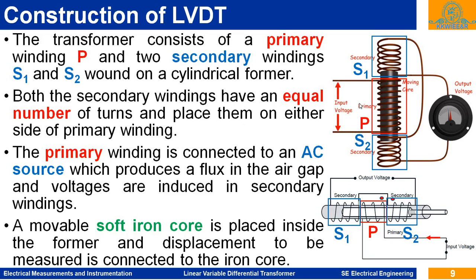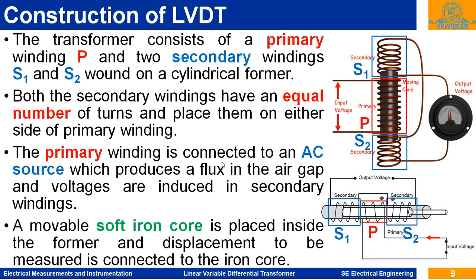Like our regular electrical transformer, there are primary and secondary windings. In a similar way, this central winding is a primary winding which is connected to the input voltage, and there are two secondary windings, S1 and S2, wound on a cylindrical former. Both secondary windings have an equal number of turns and are placed on either side of the primary winding.